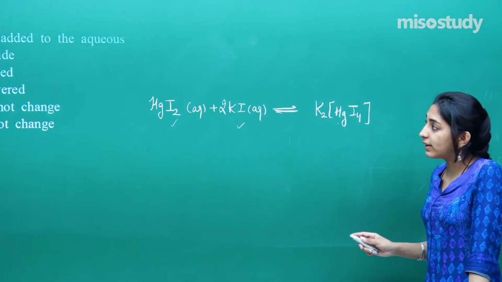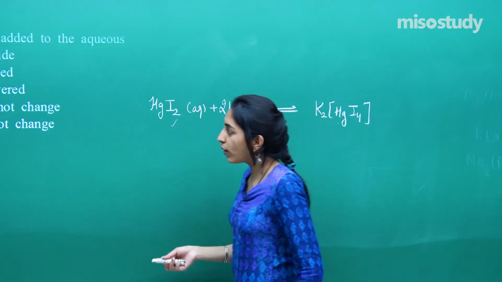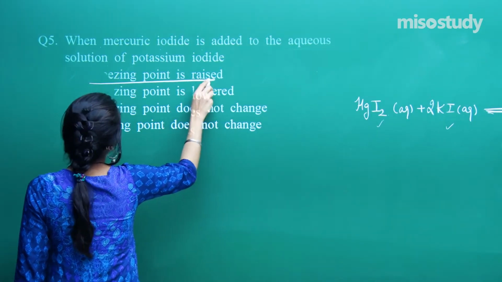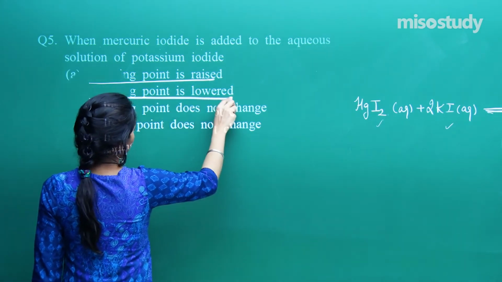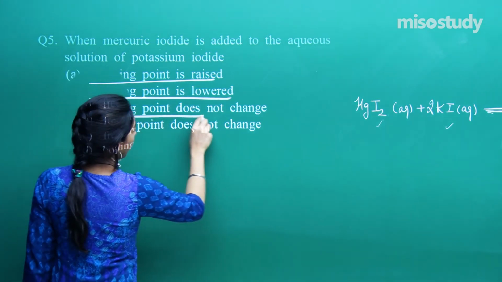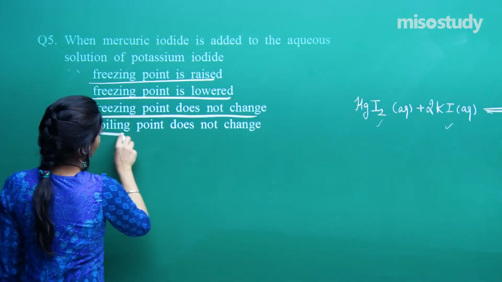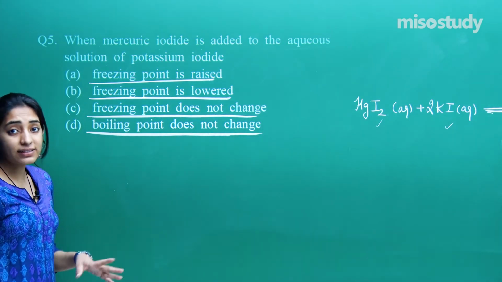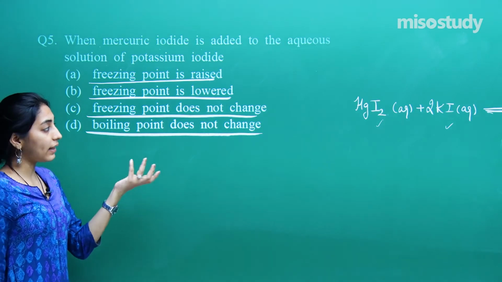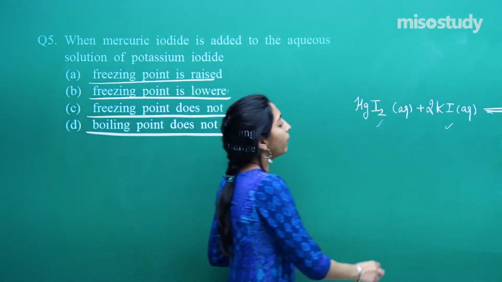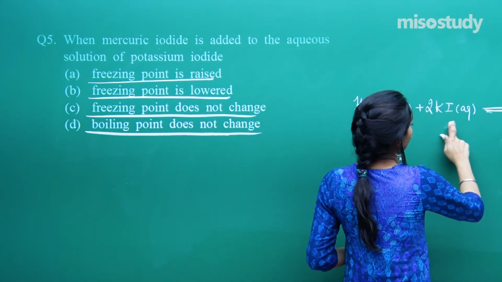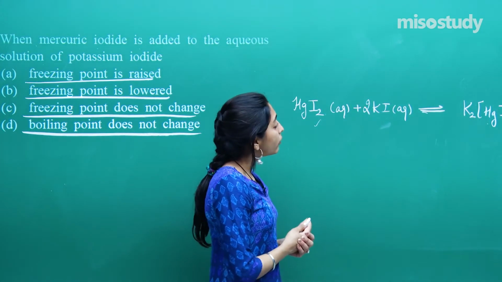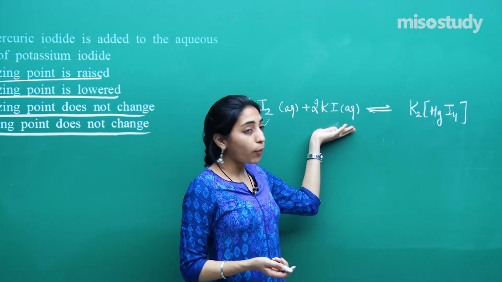Now my question is, what will happen? Whether the freezing point will increase or the freezing point will be lowered, the freezing point doesn't change and the boiling point doesn't change. So when you are adding this to the aqueous solution of KI, you are getting the complex molecule.